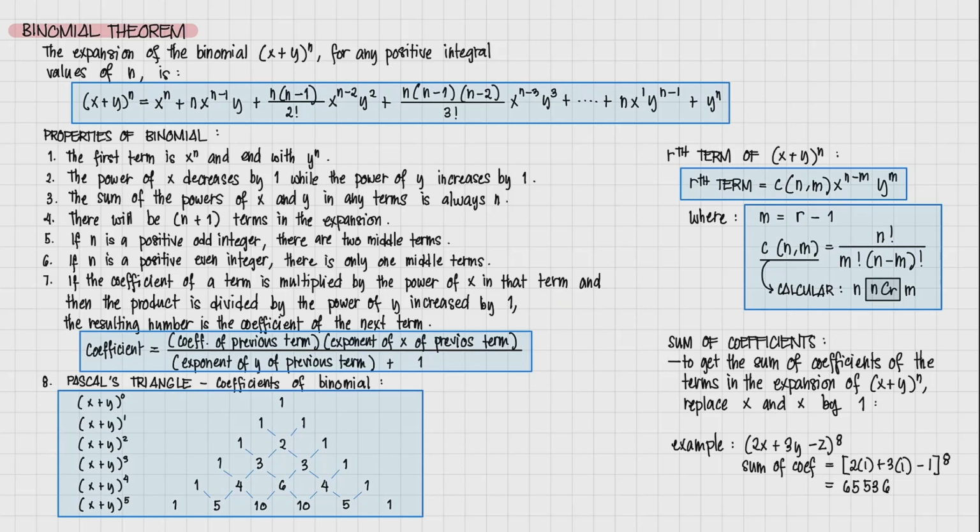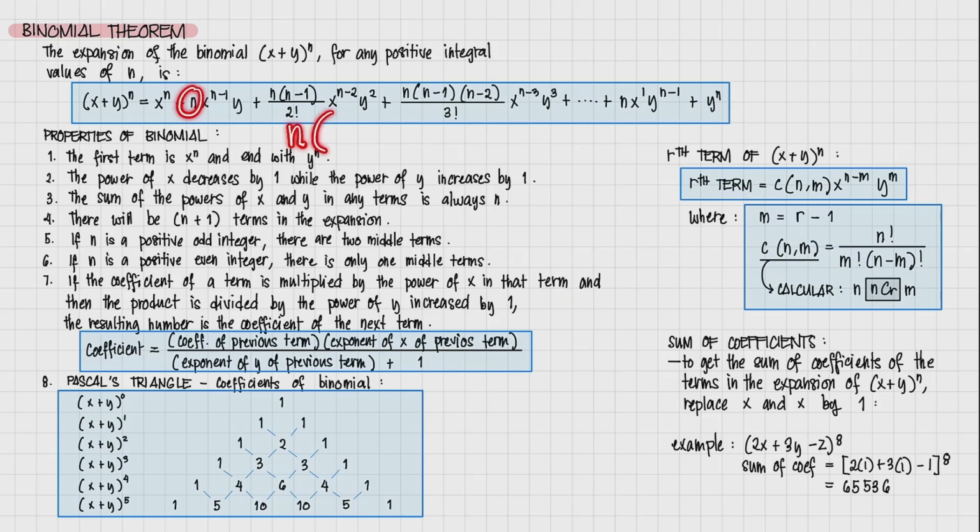So the way you're going to calculate that is, for example, here in our case, let's say you're trying to compute the coefficient of the third term. So this is the third term. So you have your first term here, second term here, and this is your third term. Diba? So the coefficient of the third term is the coefficient of the previous term, which is n. So you have n here.